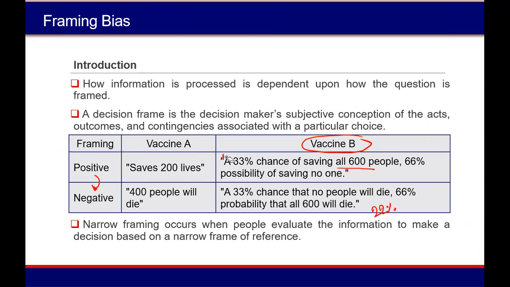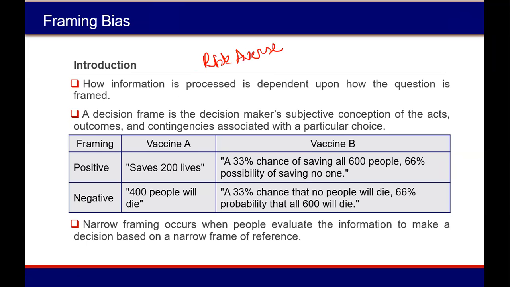This is the way a doctor asks you when there is a question of giving you some kind of difficult treatment, where there is a chance of success and a chance of failure, that our patient will not survive or will die. There is equal chance. But if the statement is positive, people try to exhibit risk averseness.